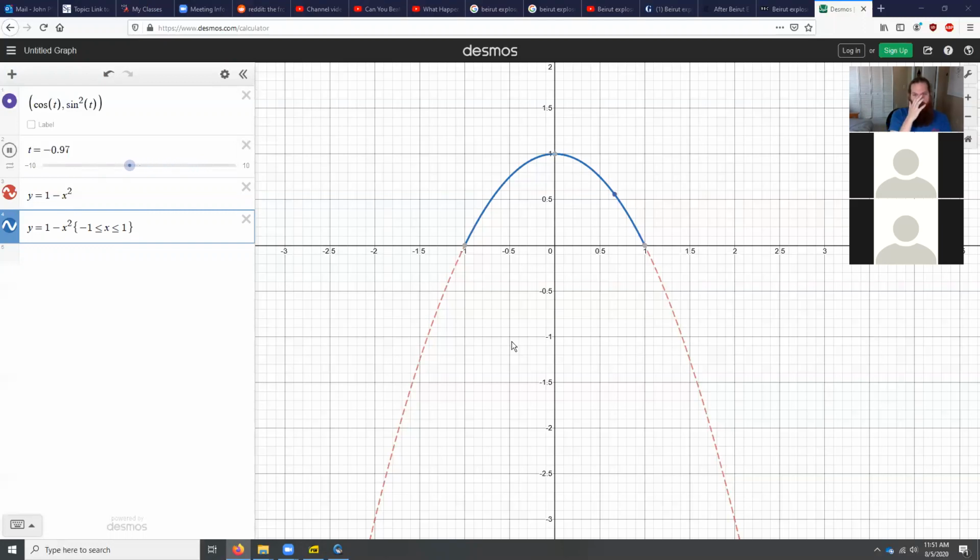Yeah, it's neat, right? It was good stuff. You can do this with any parametric curve in Desmos, by the way, and I fully encourage you to do it as you work through the homework. It'll help you to visualize what's going on.